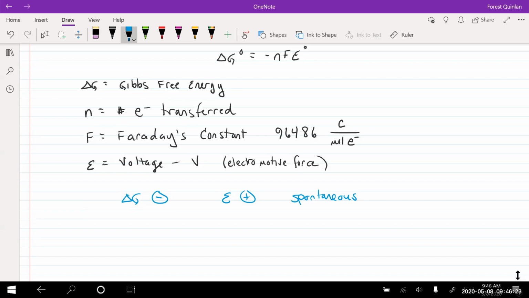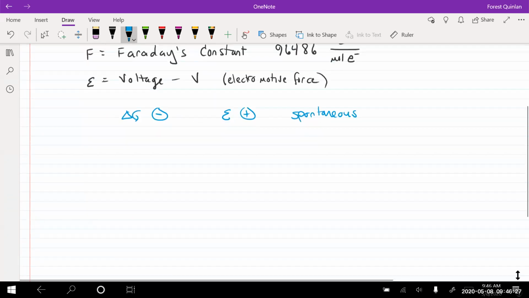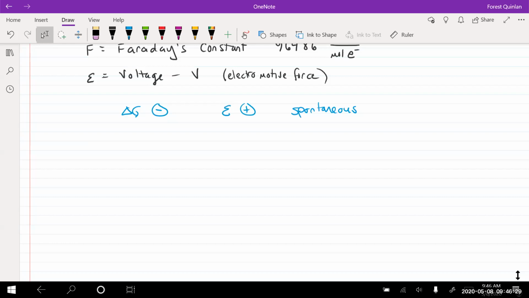I also want to remind us as we go into this that delta G and delta H are extensive. And that means it depends on the amount. Depends on how much you have.